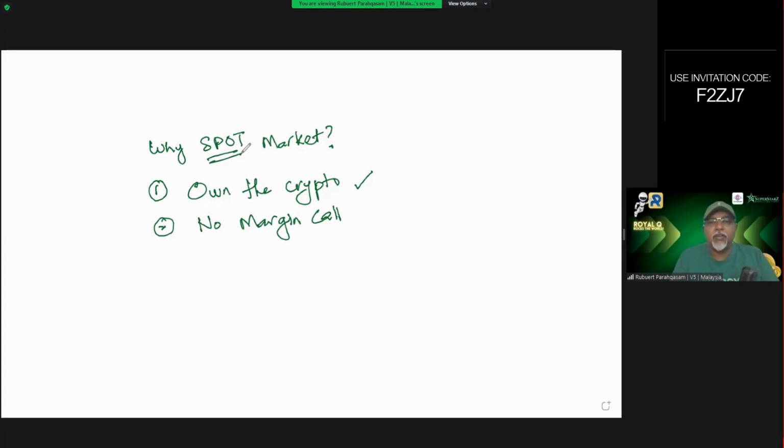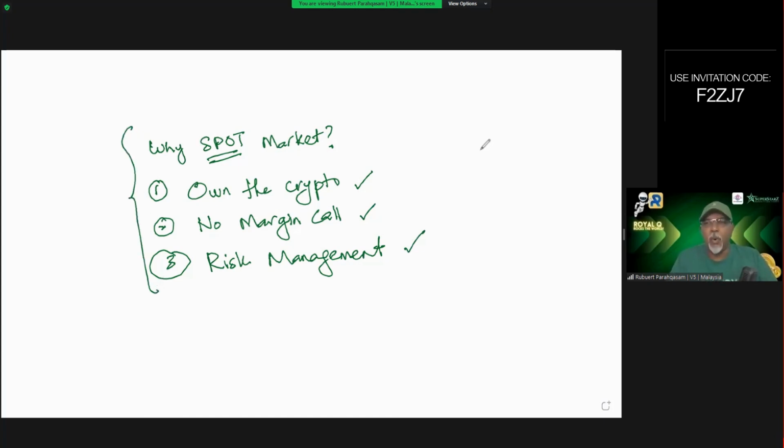So we are able to manage our risk well. Why the spot market? We own the crypto, we never lose our crypto, and we can manage our risk well. This is the reason why we trade in the spot market using quantitative trading in RoyalQ.